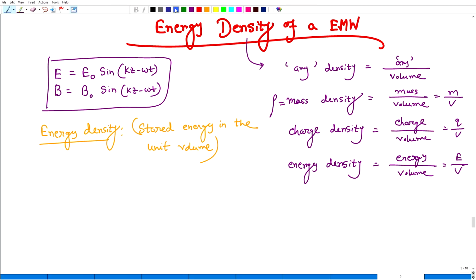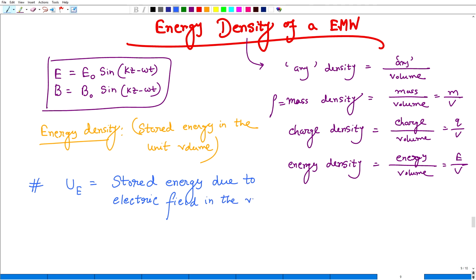First, let us say UE is the stored energy due to the electric field in the volume element dV.